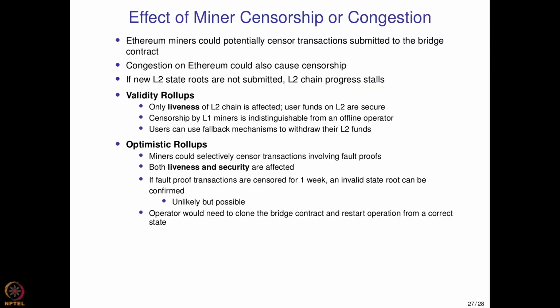To be fair, even though it looks like optimistic rollups security is affected, here only liveness is affected. To be fair, in the current state of Ethereum, optimistic rollups offer much more functionality. They have many more applications on layer 2 than validity rollups.